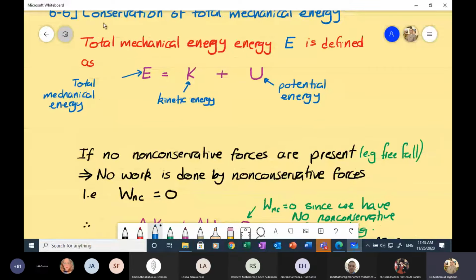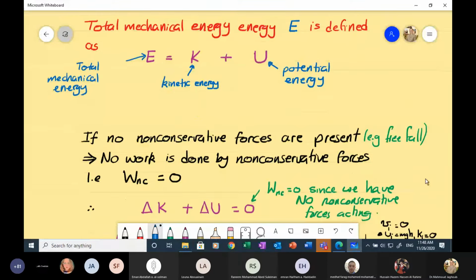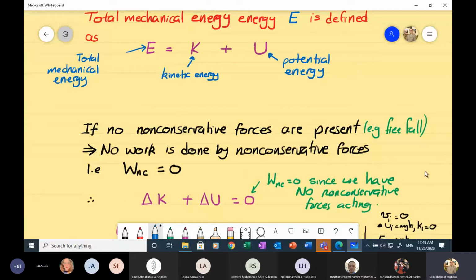So what do we mean now by conservation of total mechanical energy? I cannot understand conservation of total mechanical energy unless I know what total mechanical energy is. That's why I defined it first. Okay, let's see what we mean by total mechanical energy being conserved.